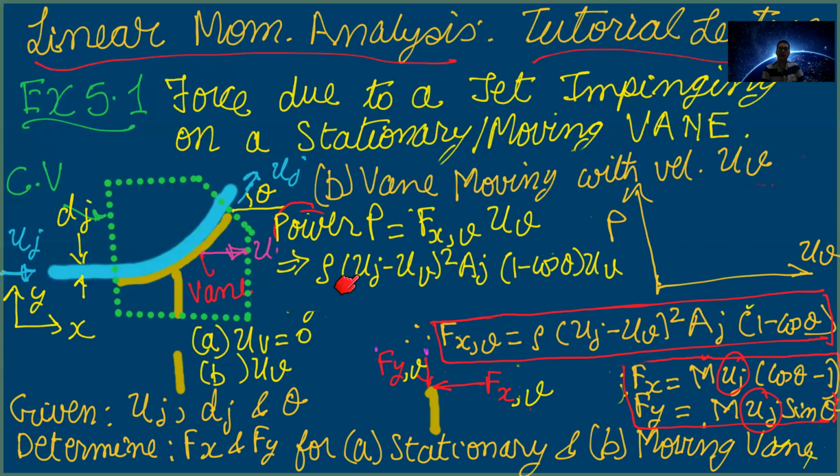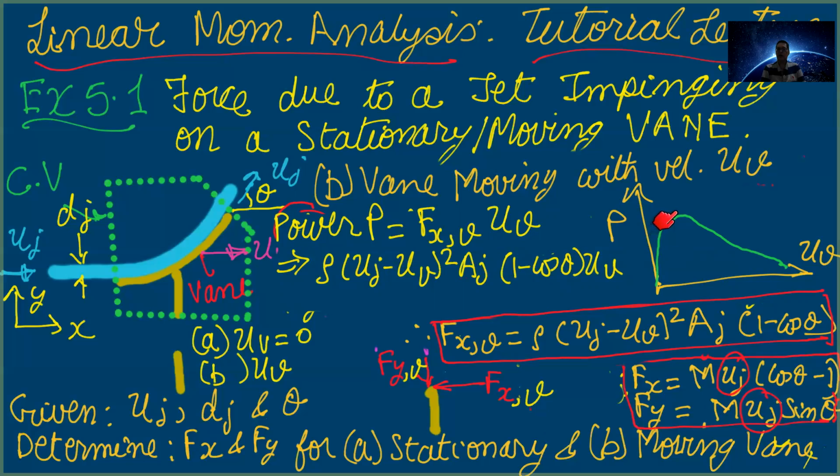The second case is uj equals uv, which means jet velocity is equal to vane velocity, then the power generated is 0. However, if you plot this expression for different uv, you get a curve like this, where there is a maximum.